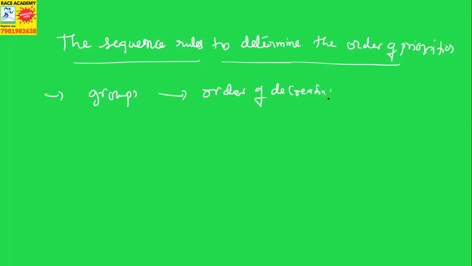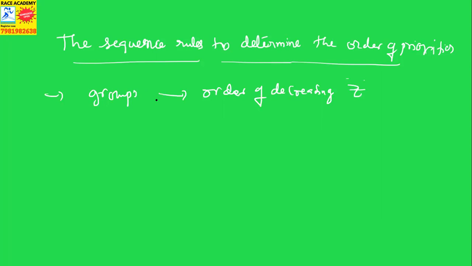In this one, atoms or groups directly bonded to the asymmetric carbon are arranged in order of decreasing atomic number, and we assign the priority as 1, 2, 3, 4.